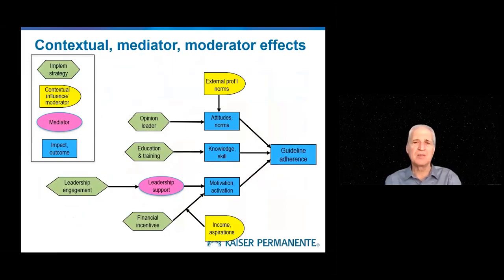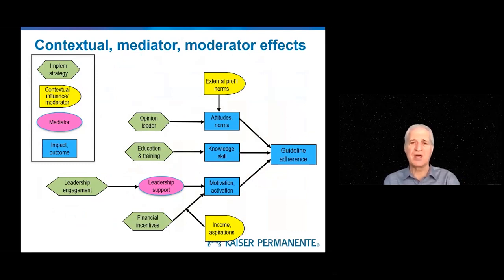This is a diagram that illustrates a typical causal model for an implementation study that's focusing on guideline adherence. We know that guideline adherence in clinician behavior is influenced by their attitudes and norms, by their knowledge and skill, by their motivation and activation. And each of those precursors or influences on the behaviors of interest are themselves subject to different influences.